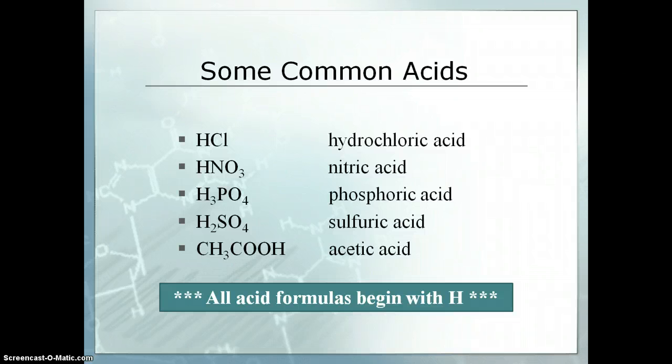You're going to see these again in biology and in chemistry. But we need to make sure we know that any acid formula is going to start with the letter H, except for acetic acid. That's an exception. That's the only exception. Any formula you see that starts with an H, so like HCl or HNO3, that H means it's an acid.